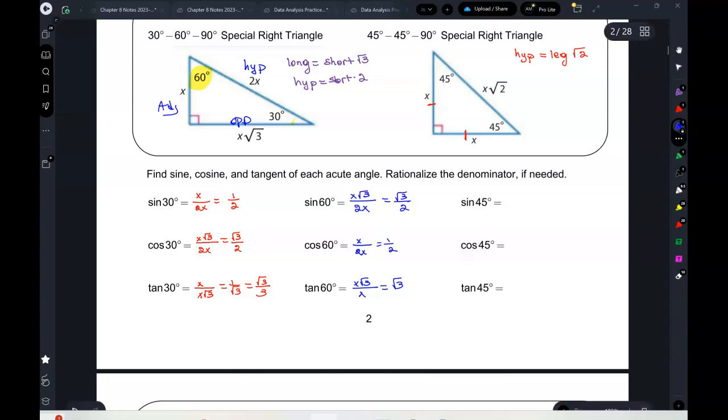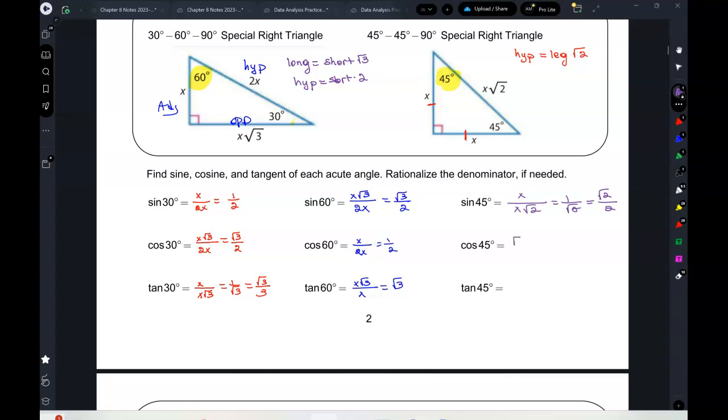Okay, so what would be the sine of 45? So I take one of the 45s. I'm going to take this one. Label opposite, and so tell me, what would the sine of 45 be? X over x√2, which is 1 over √2, √2 over 2. What would cosine be?